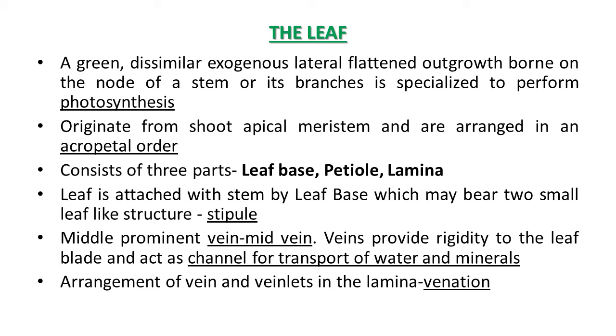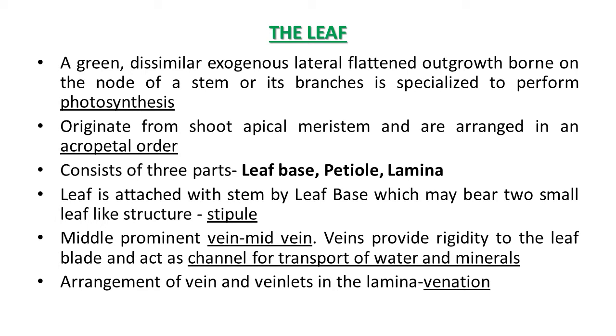In the leaf, in the lamina region, the middle part possesses a vein, which is known as the midvein or main vein. The function of this vein in the leaf blade is transportation of water and minerals.